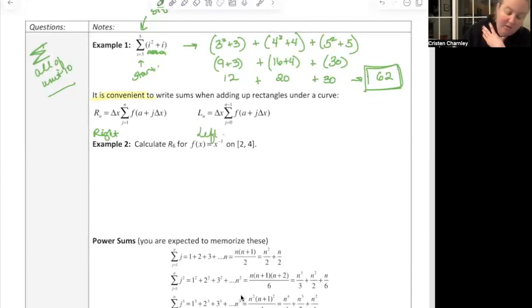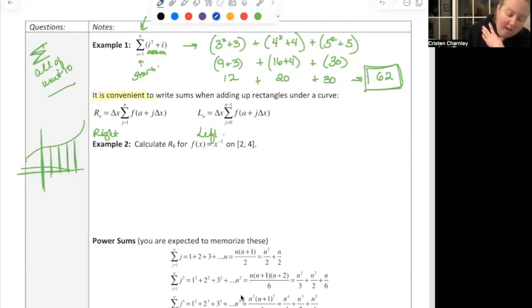I don't have a picture for you right away, unfortunately. So here's a curve. If I break it into rectangles underneath, right-hand rectangles use the right-hand corner to determine the height of each one. So they look like that. If I do this again, 1, 2, 3, 4.